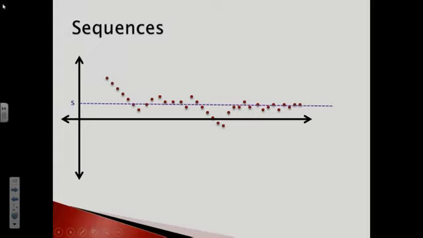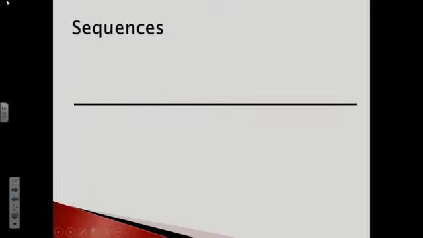By looking at the graph, we see that it appears that the terms of the sequence are approaching S. The terms of this sequence can also be plotted on a number line.